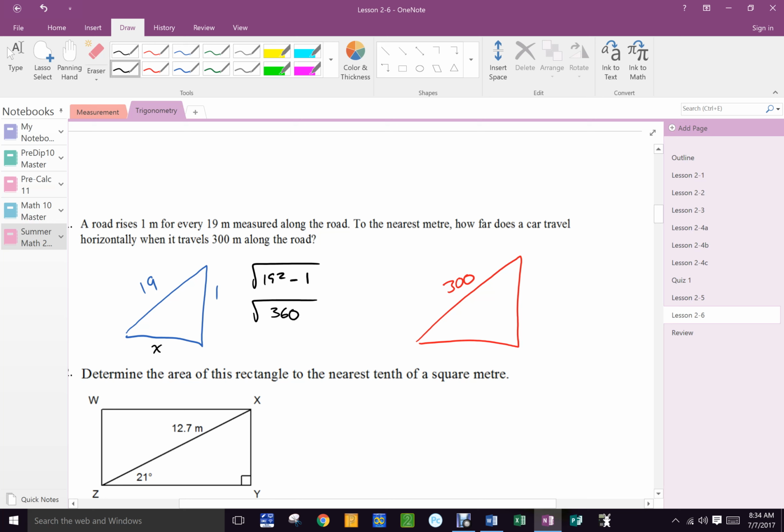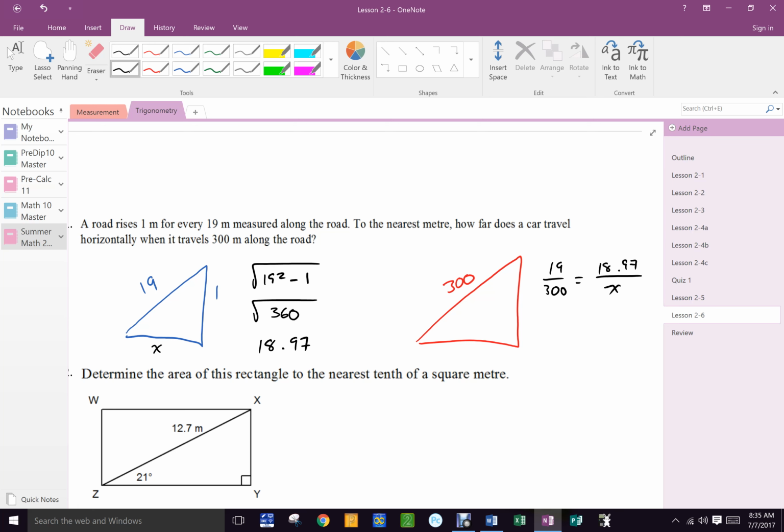So if this side is the square root of 360, it's 18.97. So now I know that 19 over 300 has to equal 18.97 over x, because this is the number I want. Then I can use cross multiplying to solve it without even doing any trig.